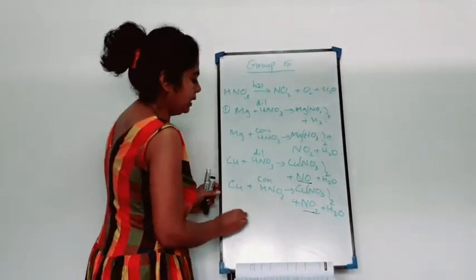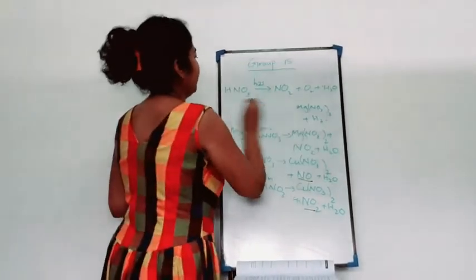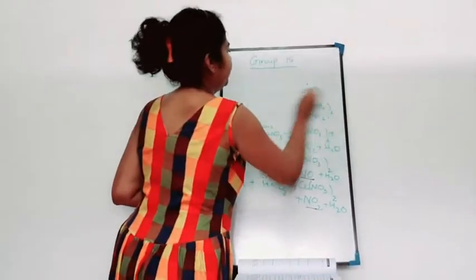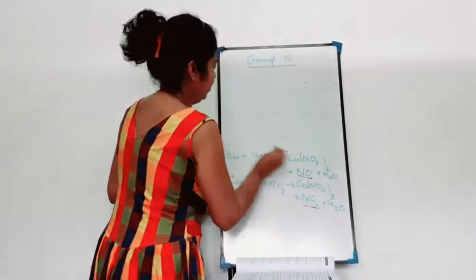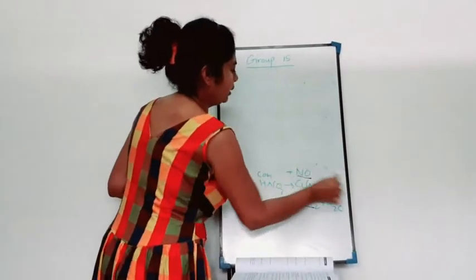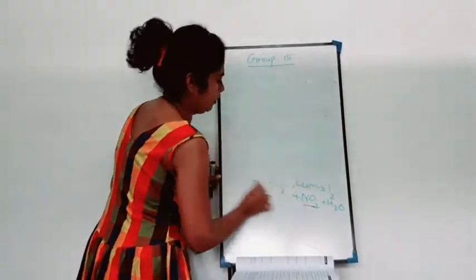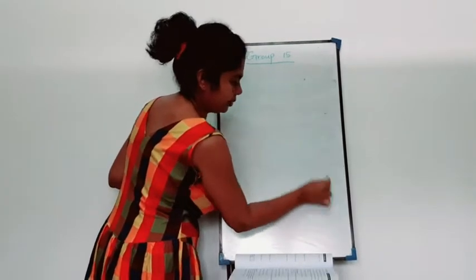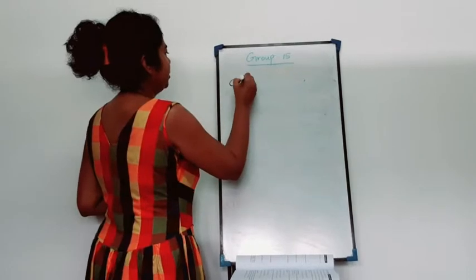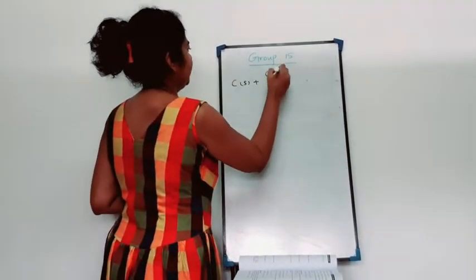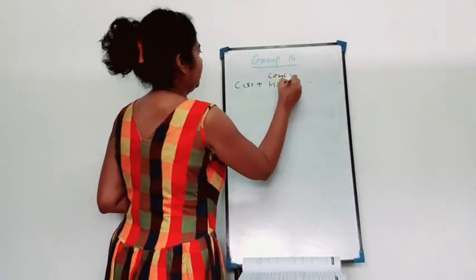Right. Then another reaction type with the HNO3. HNO3 is a very strong oxidizing agent. Therefore, it can react with carbon also. Right? But conc HNO3, carbon solid plus conc HNO3. What are the products?